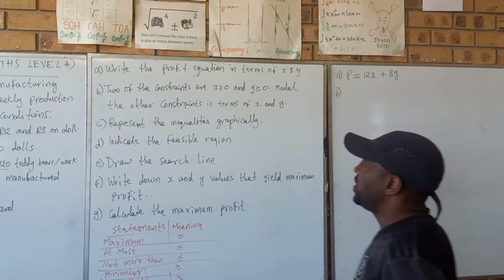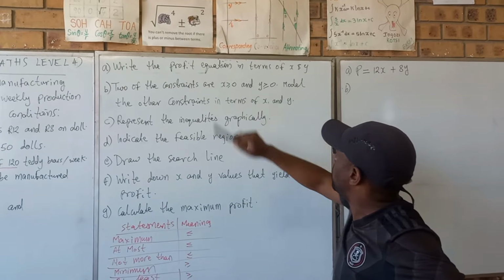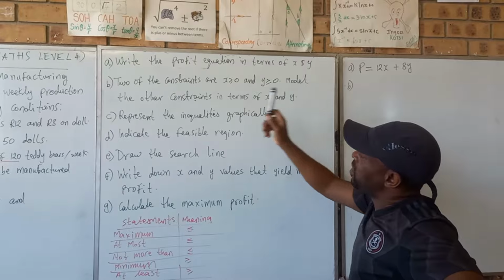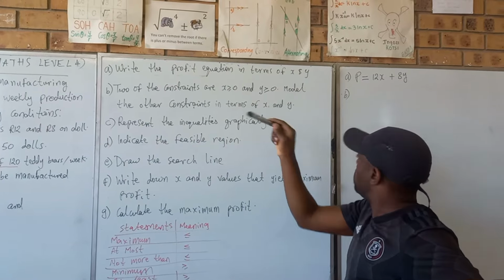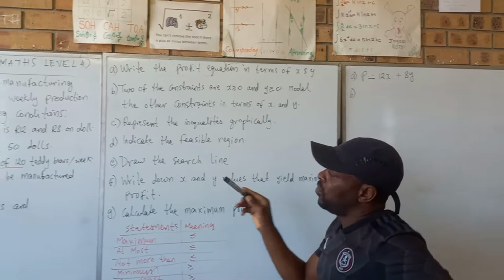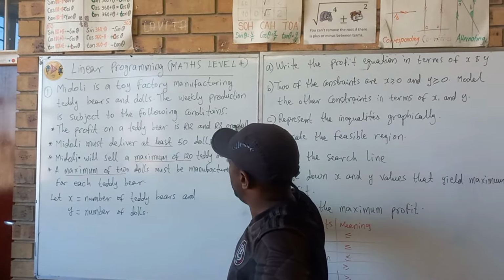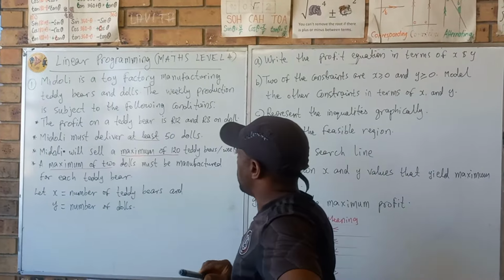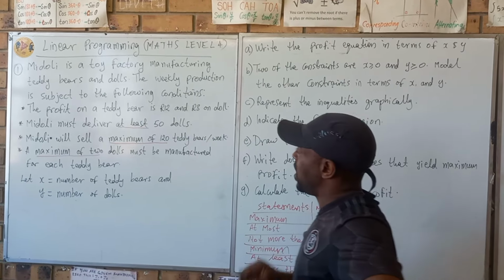Then B says 2 of the constraints are X greater than or equal to 0 and Y greater than or equal to 0. We need to model the other constraints in terms of X and Y. So that takes us back to our scenario. The first condition is for our profit, so we just need the last 3 to write our constraints. Those key statements that I was picking out will guide me.